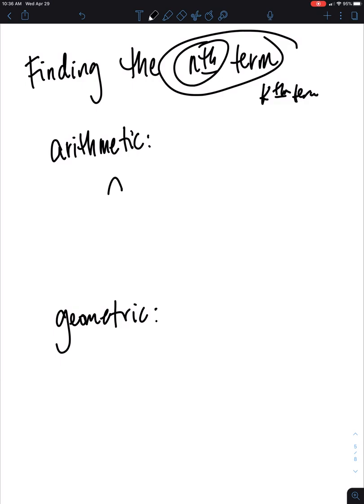So for arithmetic, this is the recursive formula: a sub n equals a sub n minus 1 plus your common difference.